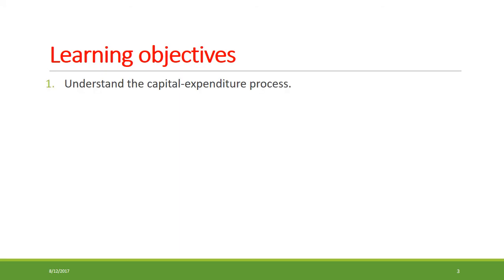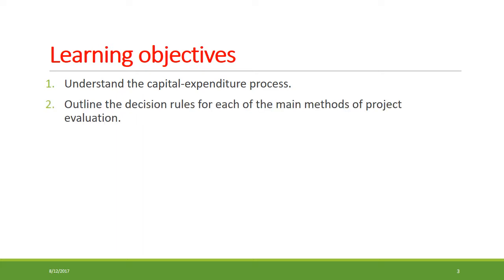So in terms of the learning objectives, as we mentioned before, we introduce the capital expenditure process, where we look at different investment projects and we try to choose which project is the optimal project to invest in. We then look at different decision rules for individual methods of project evaluation.